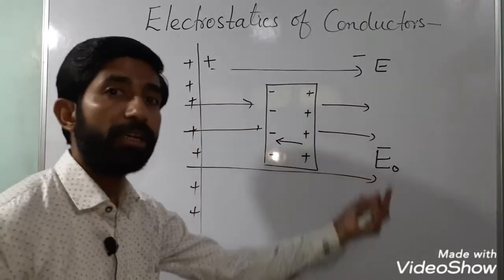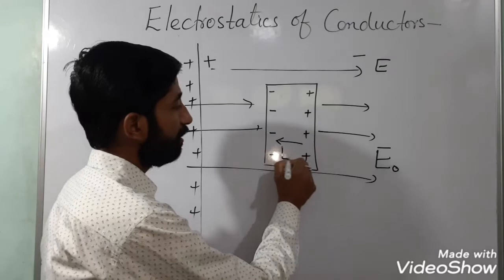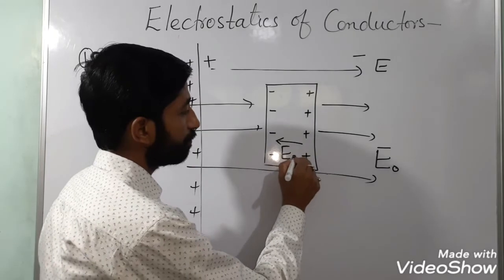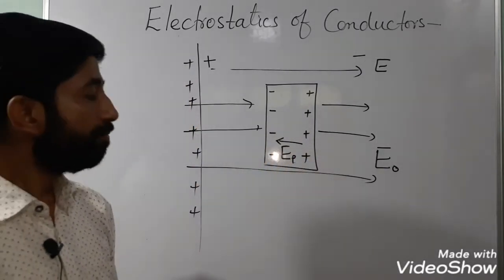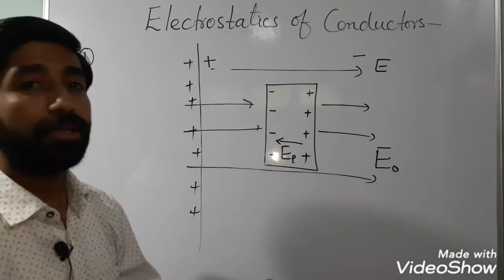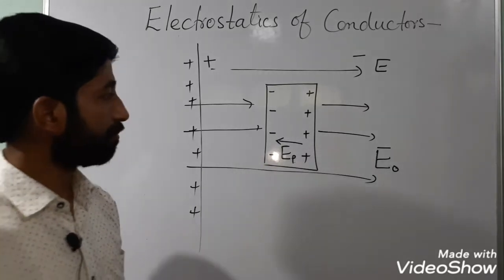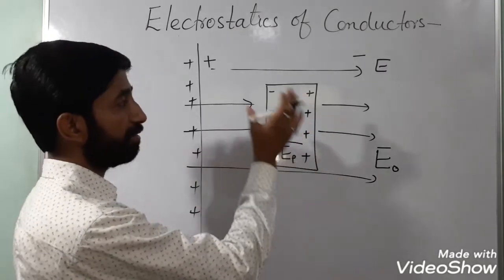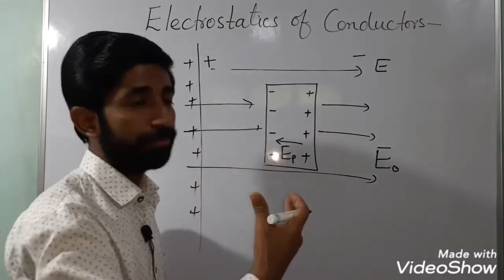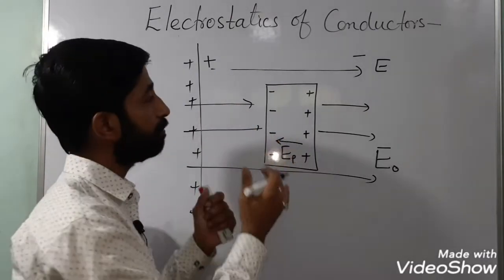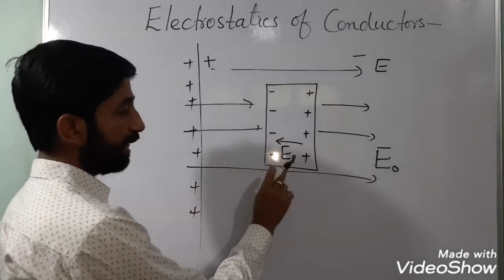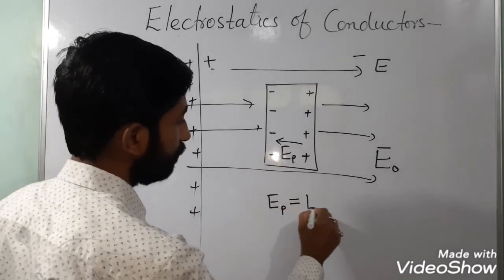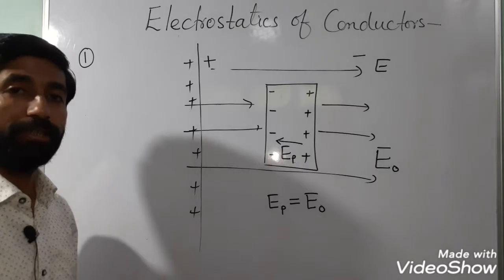Outer means external field, and this is E internal, or I must say E_P for polarized, and that electric field is called the induced electric field. This movement of charge from one side to the other by the effect of the electric field keeps on happening unless the inside developed electric field E_P becomes equal to the external electric field.